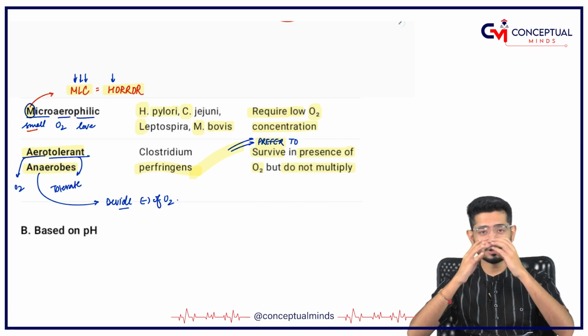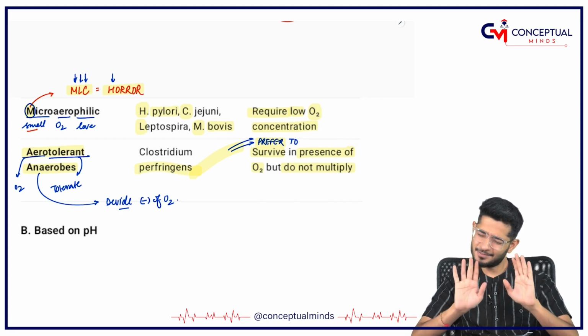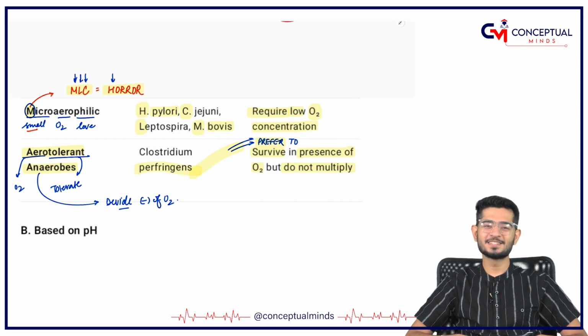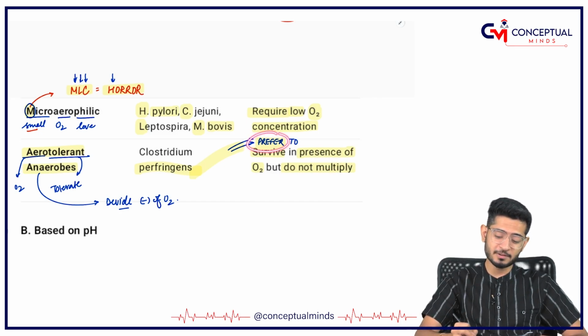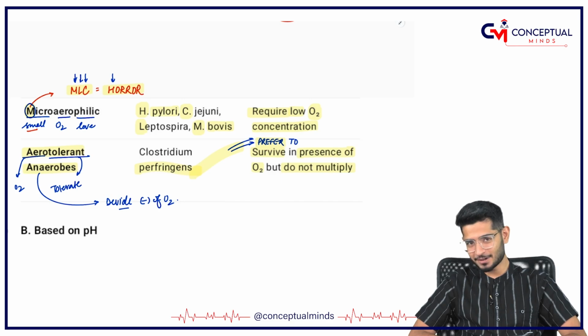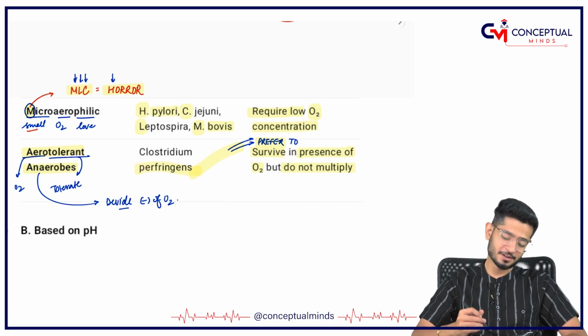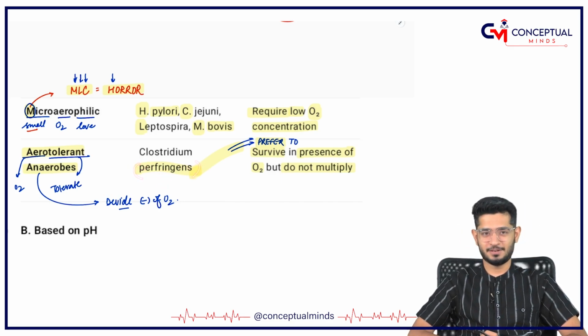I need oxygen to multiply, but I can survive without oxygen, no problem. This is aerotolerant anaerobe. They prefer to multiply in oxygen. Prefer, I am using this word prefer, that means perfringens. So Clostridium perfringens is the mnemonic to remember it.